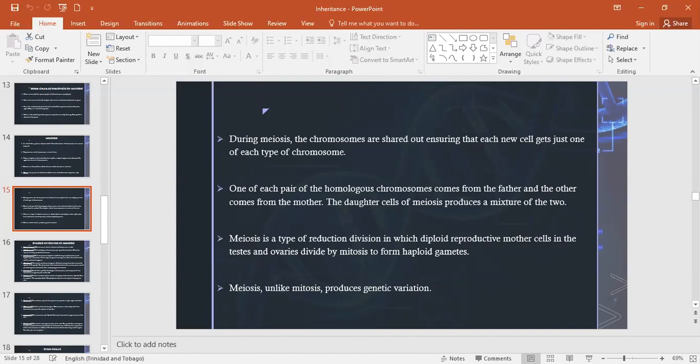It's not that hard to say. Yeah, in your sex cells, your sperm and your eggs, they divide via meiosis in order to make more.